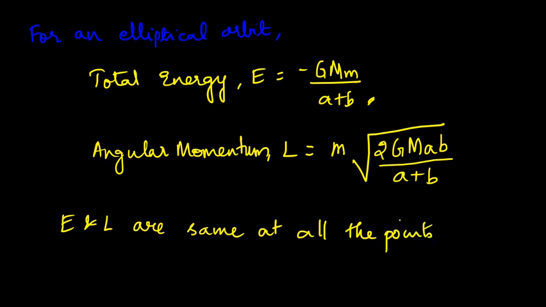So even if your question is tricky and they ask you a question like find the energy at this point or angular momentum at this point, they all are the same at all the points for an elliptical orbit.